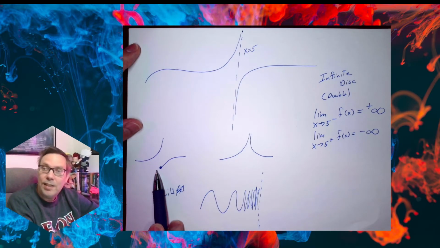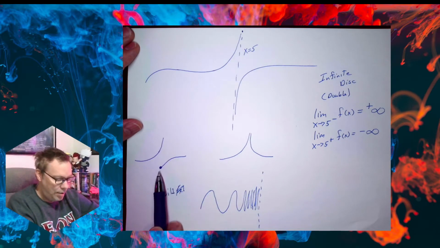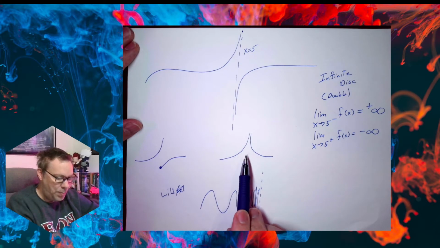This picture, I'm just going to say it verbally. The left limit is infinity. The right limit is whatever the y value of this filled-in dot is. In this particular one, the left and right limits are both positive infinity.